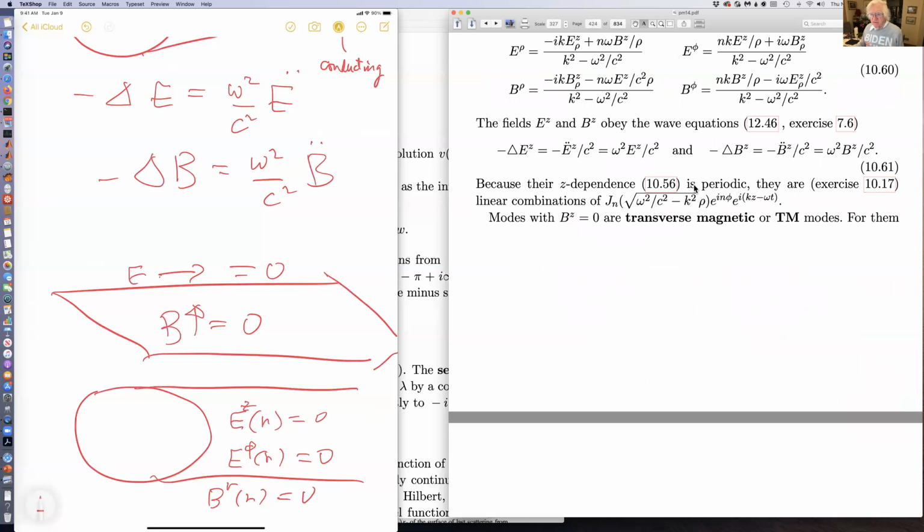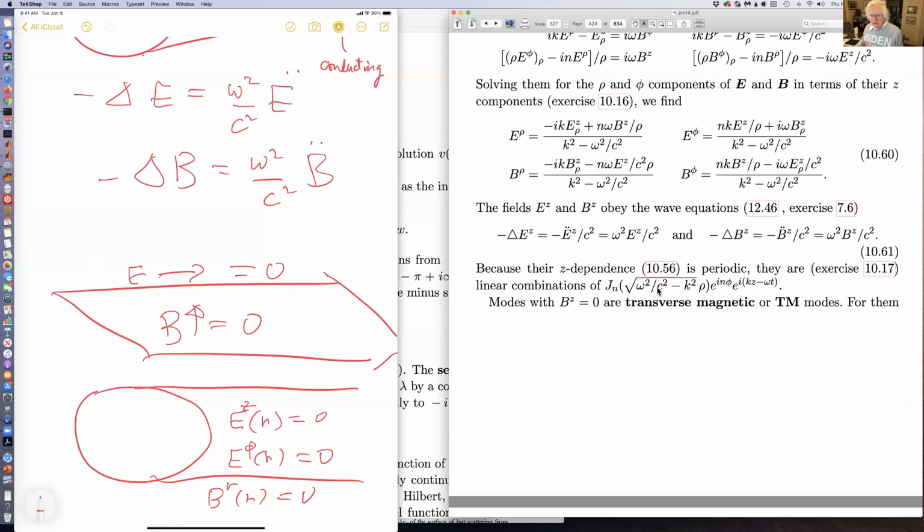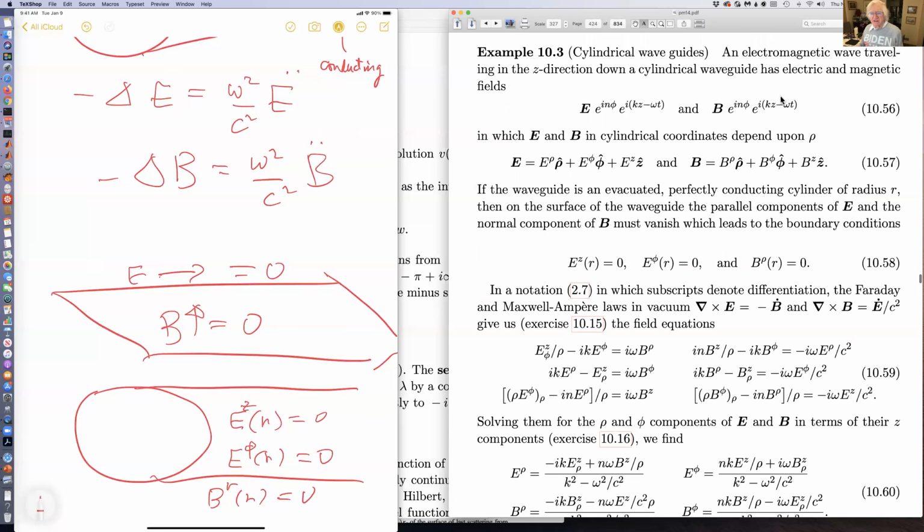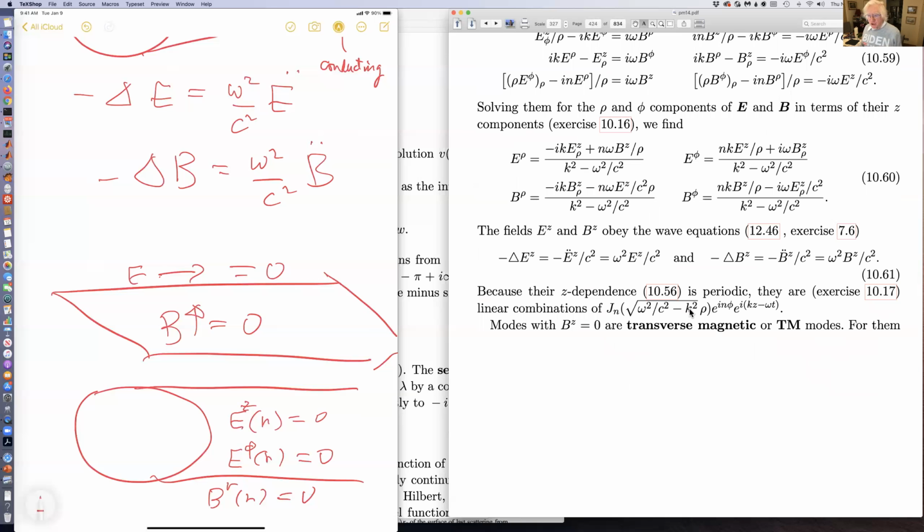Because the z dependence is periodic, the solutions are that E z and B z are J n of the expression square root of (omega squared over c squared minus k squared) times rho, times e to the i n phi, times e to the i (kz minus omega t). These 2 factors are the ones I pointed out at the very beginning, and the non-trivial part is the J n.